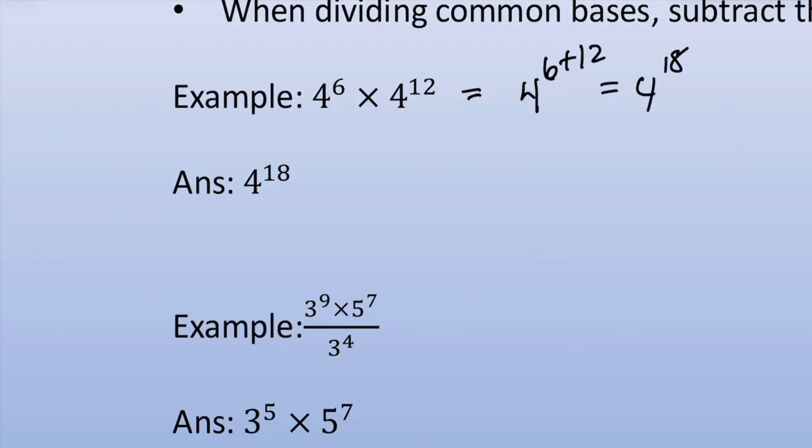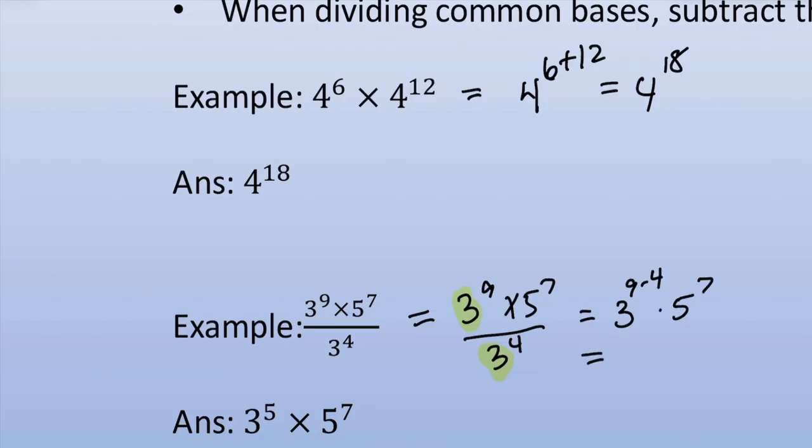Now, this answer is kind of interesting because the only common bases are the 3's. We can do the rule that we're going to keep the bases, we're going to subtract the bottom exponent off, so 9 minus 4 is going to become your exponent on the 3. Then we're just going to keep the 5. So our answer becomes 3 to the 5th times 5 to the 7th. Okay.